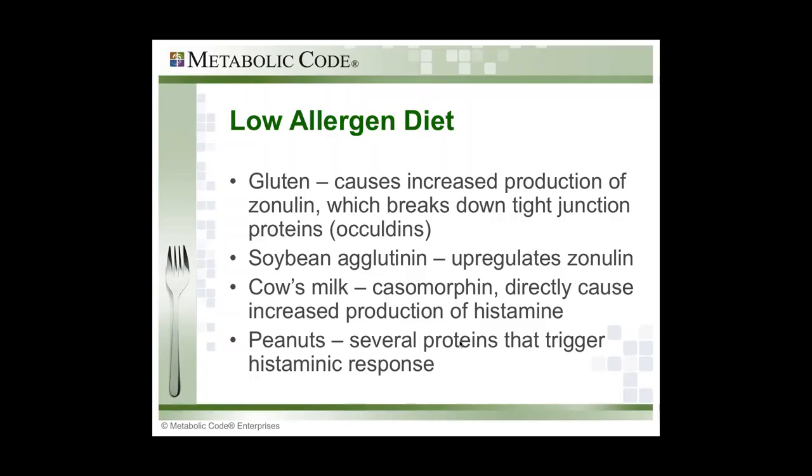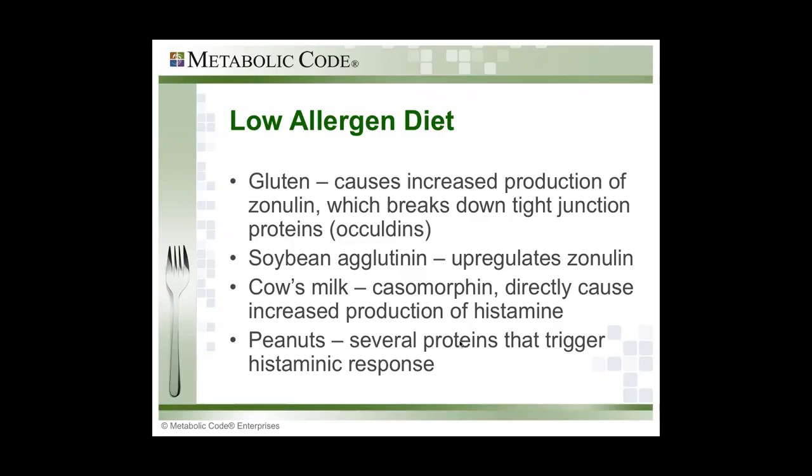In addition, I don't think a lot of people know that soybean agglutinin can upregulate zonulin. Now, with cow's milk, it's not necessarily a zonulin issue. What you see in the research is that casomorphin, which is a substance in cow's milk, directly causes the production of histamine.